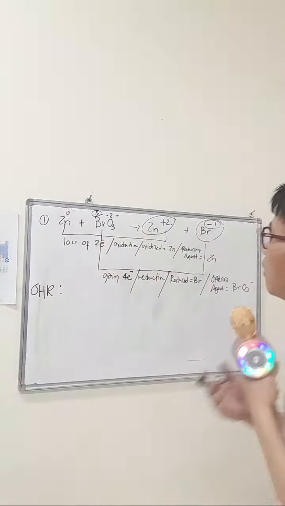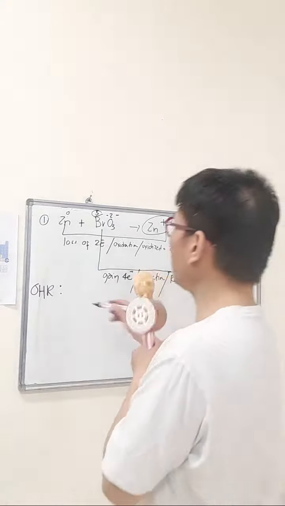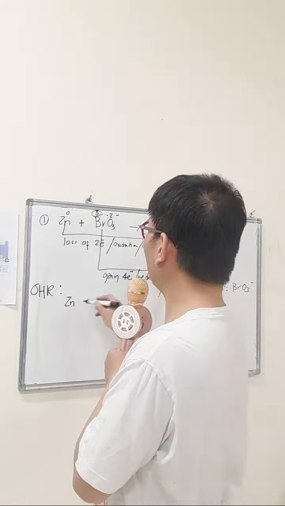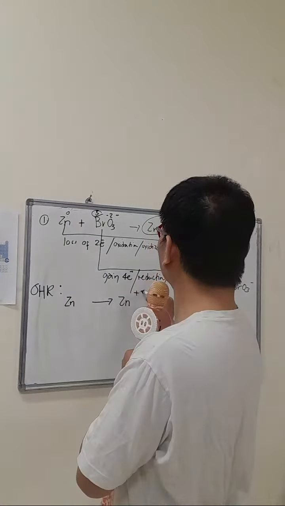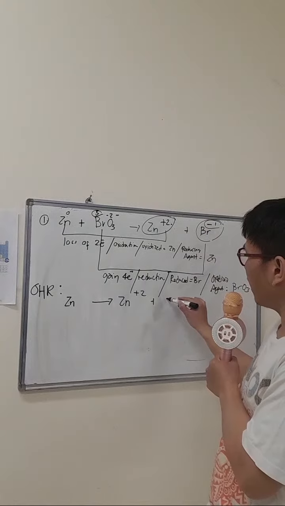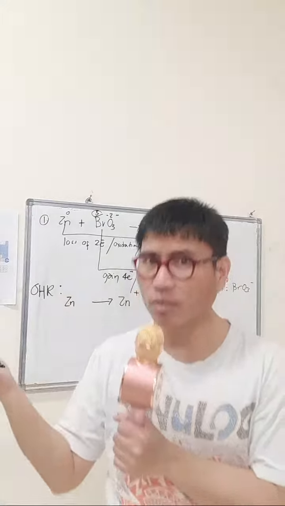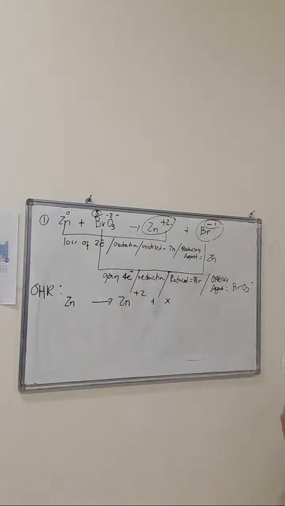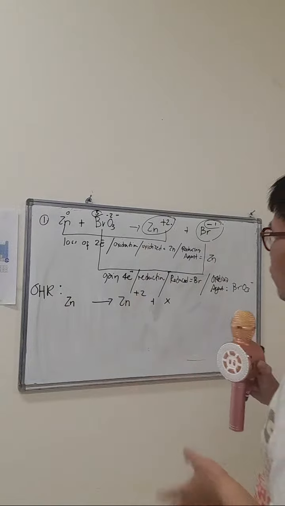So the oxidation half reaction will be zinc equals zinc positive 2. Now since this is losing of electrons, you have to add electrons beside zinc positive 2. So let's say plus x. x is our unknown number of electrons to be solved. Now first rule, balance the atoms.